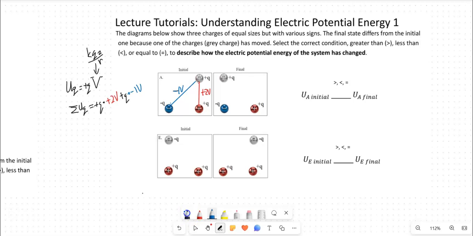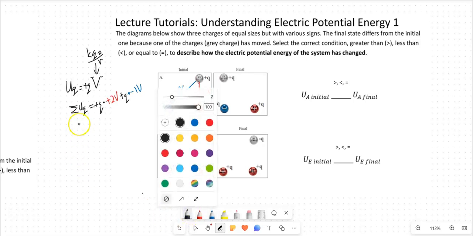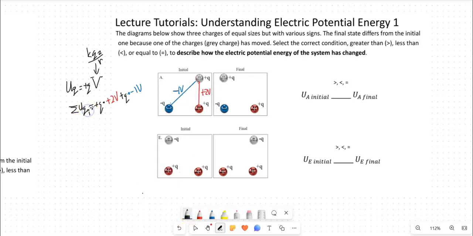So when we take a look at this initial potential here, U sub Qi, the sum of that potential is basically going to be positive, right? Positive Q times positive 1 volt, right? So this is going to be a positive potential right here.